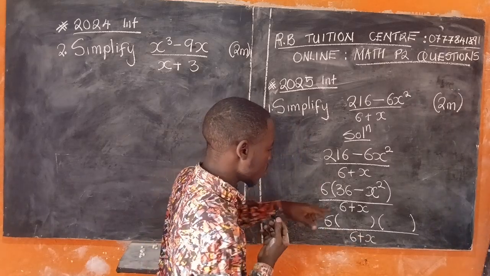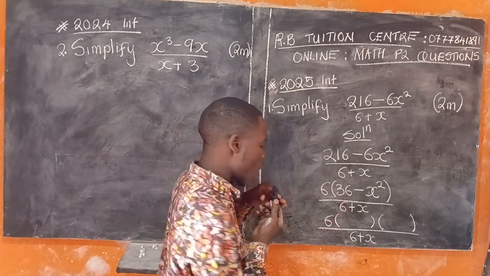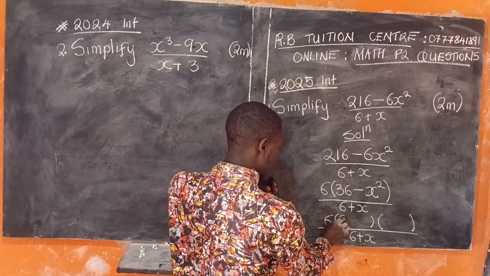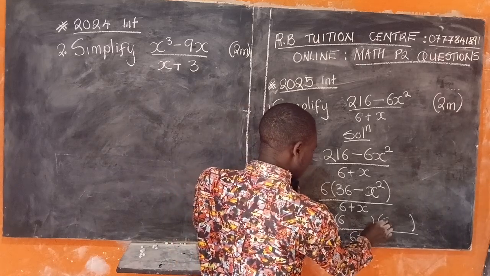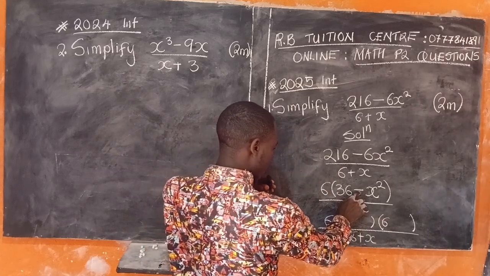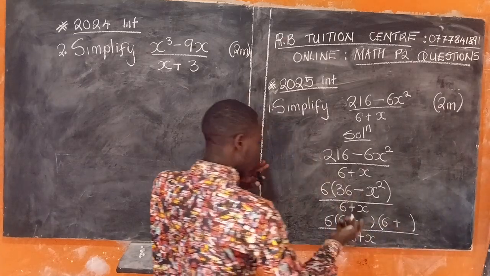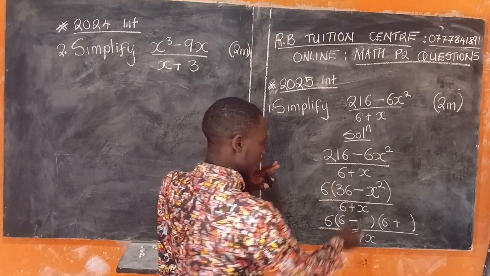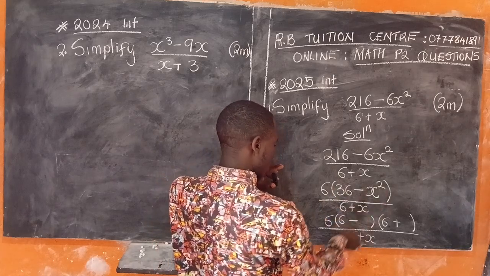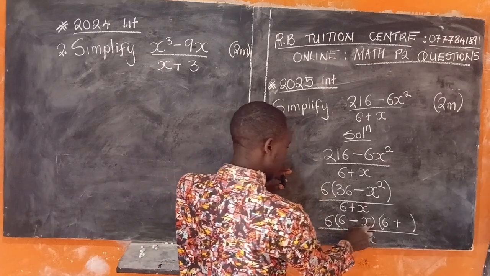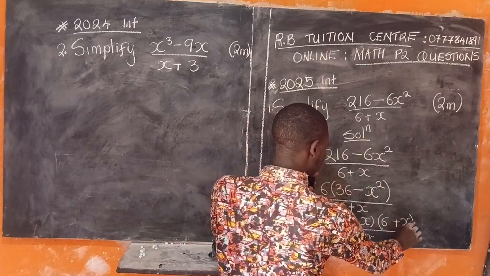We say what is the square root of 36? It is 6. So I write 6 and 6 this side. Here we have a minus, and this side I have a plus. Here there is x squared, so we split this into 2 sides. One x I've written this side and the other x this side.